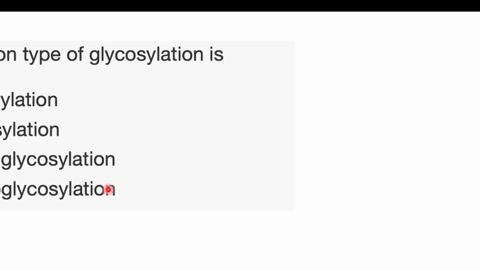Okay, now a related question, the last question of this session, question number 15. The most common type of glycosylation is: option A, N glycosylation; option B, O glycosylation; option C, C-linked glycosylation; and option D, phosphoglycosylation. What is the most common type of glycosylation which you find in proteins?